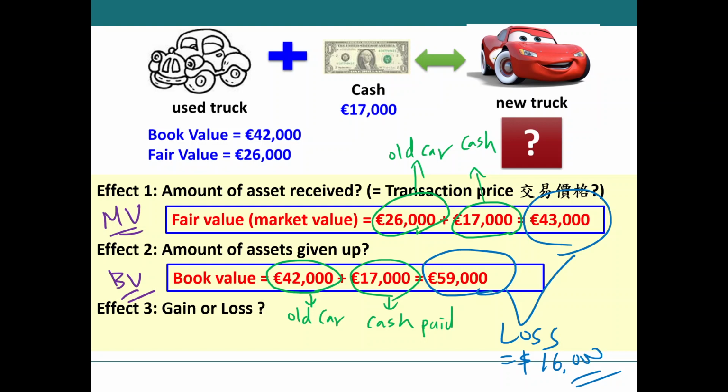Okay, any questions? No problem? So first way, how to find out if the transaction is your gain or loss: you compare what you got with what you paid, right?